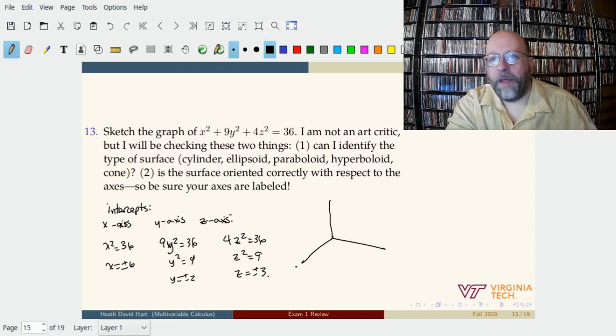So I have intercepts in every single axis in this case. In the x direction, they're 6 units out. In the y direction, they're only 2 units out. And in the z direction, they're 3 units out.